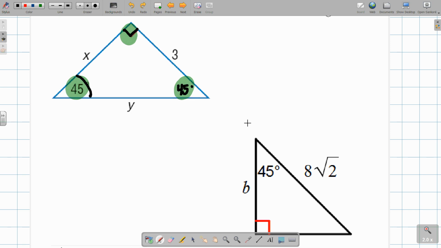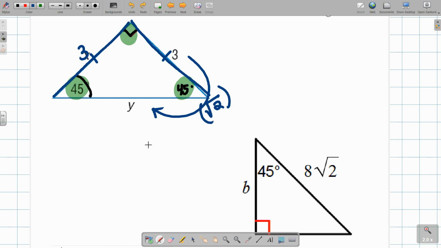So 45, 45, 90, leg, leg, leg, root 2. If one leg is 3, the other leg is 3. The hypo is whatever the leg is times root 2. So in this case, y is going to be 3 root 2.